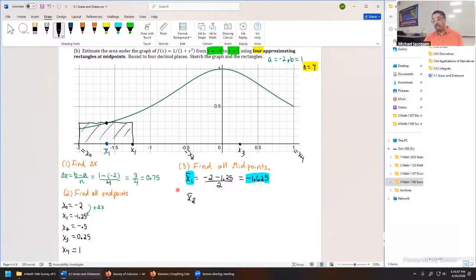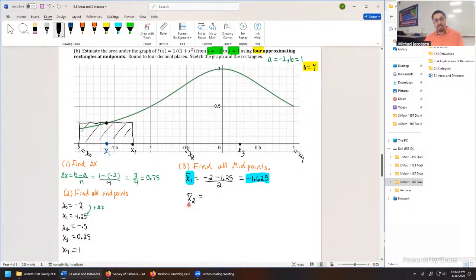We need the next height of the curve, which is at x bar 2. But here's where a nice little mathematical miracle occurs. x bar 2 is the average between negative 1.25 and negative 0.5. But here's the other fact. The distance from all of the midpoints is delta x away from each other.